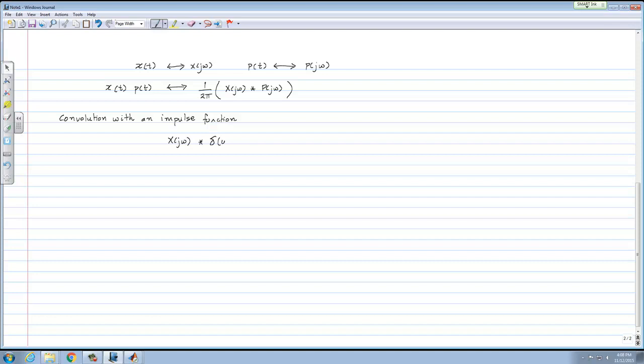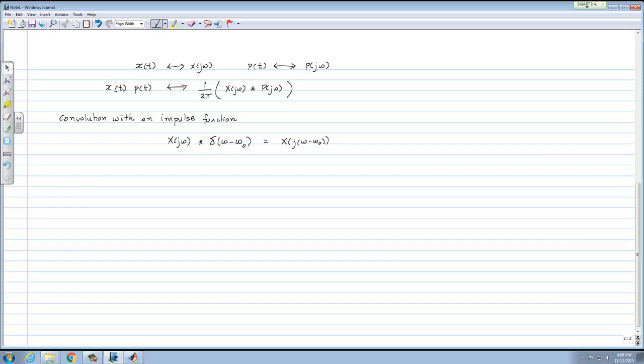What is x of j omega convolved with, let us say, delta of omega minus some omega naught? This is x of j omega minus omega naught, right?